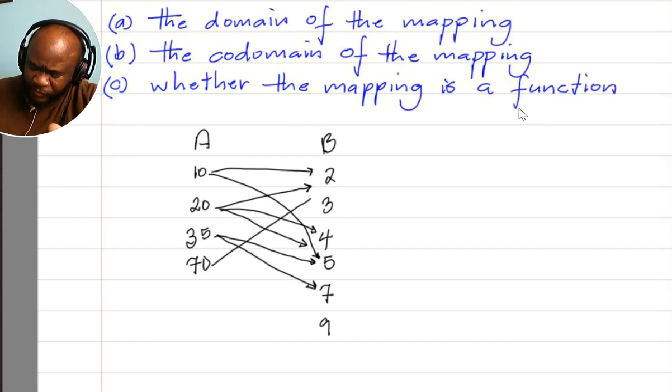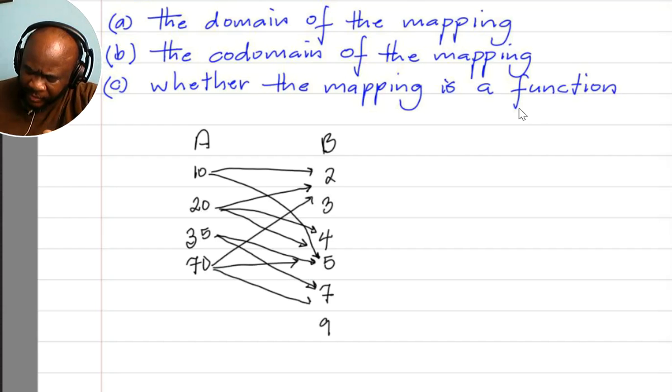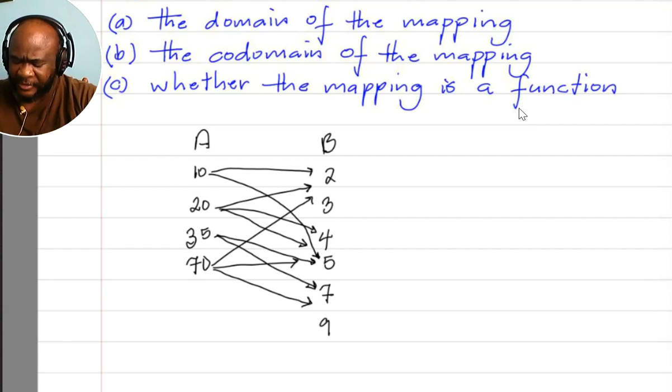And 2, 5, and 7 are multiples of 70. So this is an arrow diagram of the relation "is a multiple of."